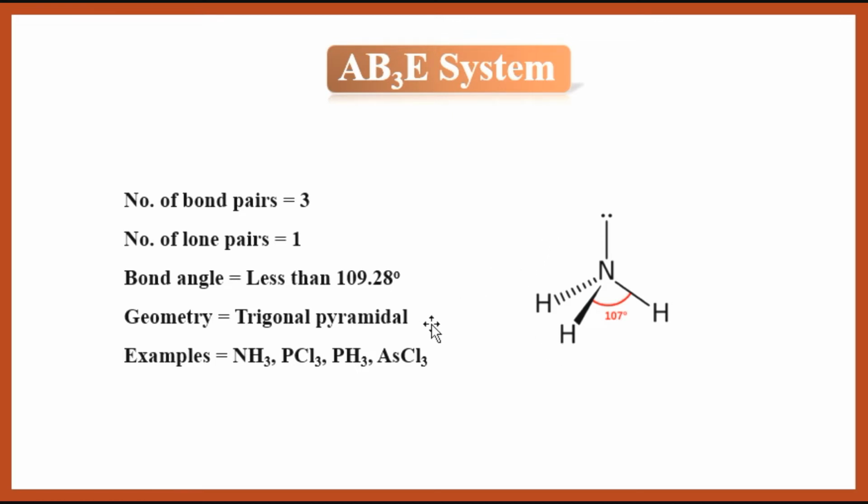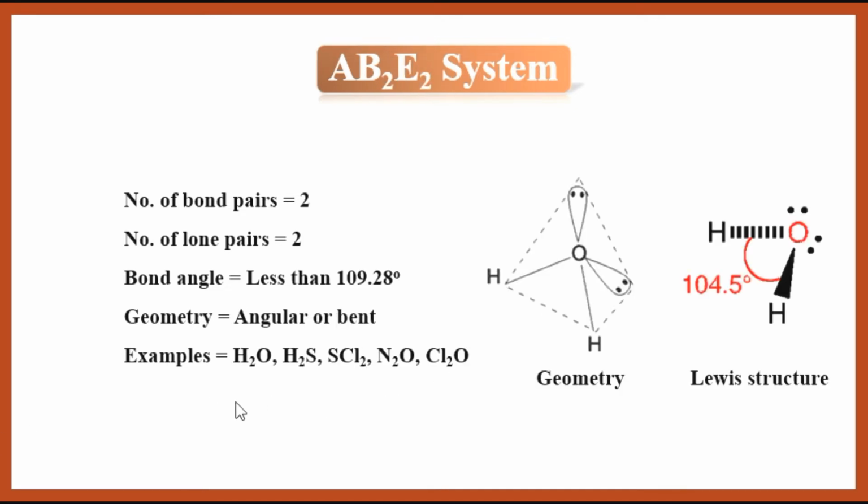Hence, in this case, the geometry of the molecule would be trigonal pyramidal. Different examples under this subcategory are ammonia, phosphorus trichloride, phosphine, and arsenic trichloride.